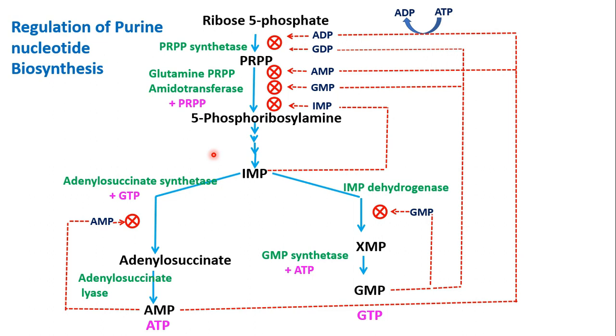The intracellular concentration of PRPP also regulates synthesis, and even the availability of ribose 5-phosphate and of PRPP synthetase regulates purine synthesis.